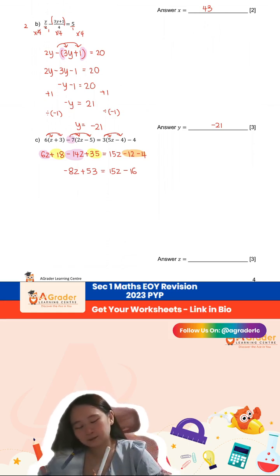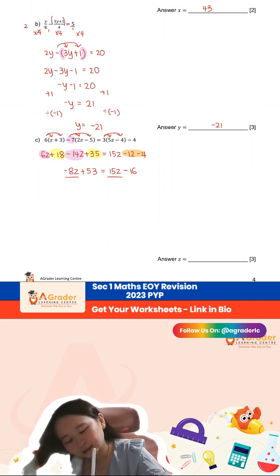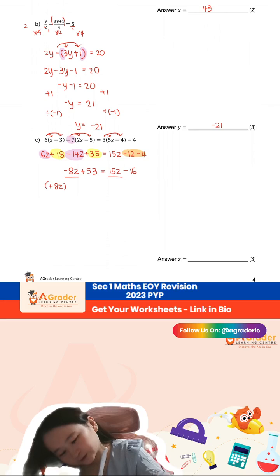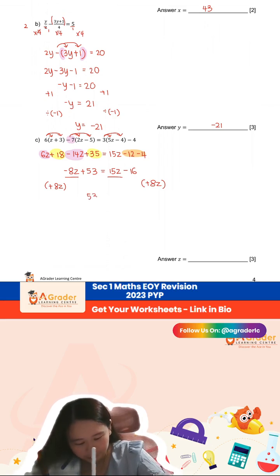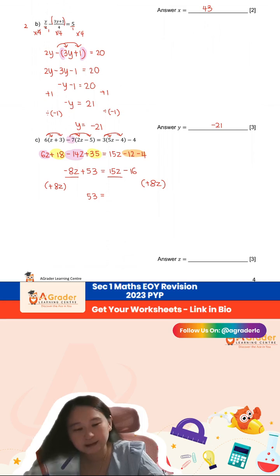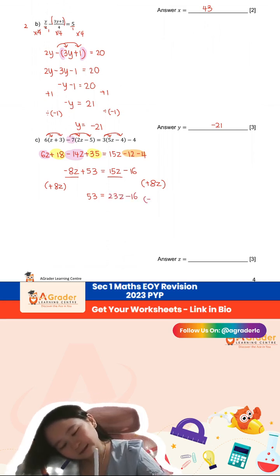Okay, so what I can do now is I deal with the unknown first. I plus 8z on both sides. -8z plus 8z will be nothing, so I'm left with 53 here. Then 15z plus 8z, I get 23z, and then -16.